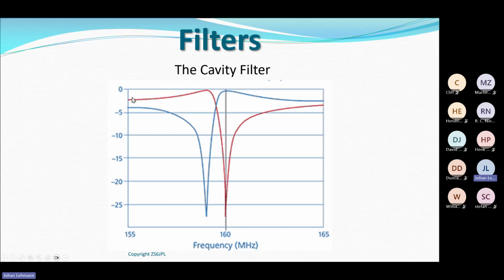On the receive side, the red curve, I notch out on the receiver my transmit frequency with this very sharp notch, and I pass my receive frequency through to my receiver. And cavity filters are what make it possible for us to have radio repeaters sitting on the mountain. We use cavity filters.